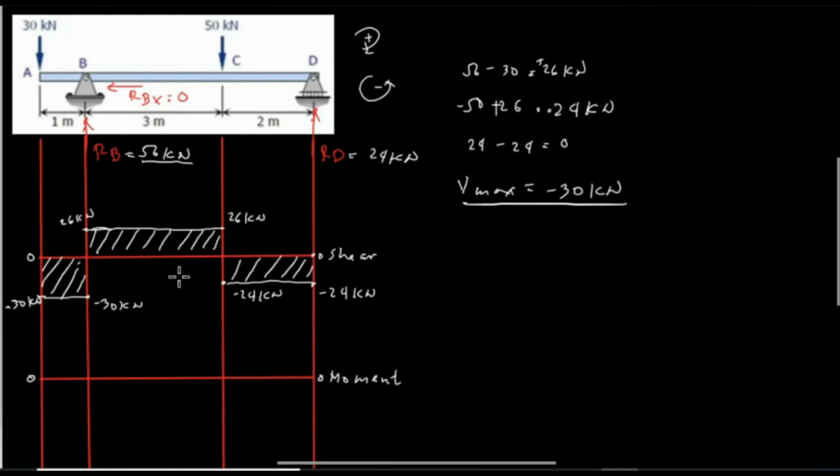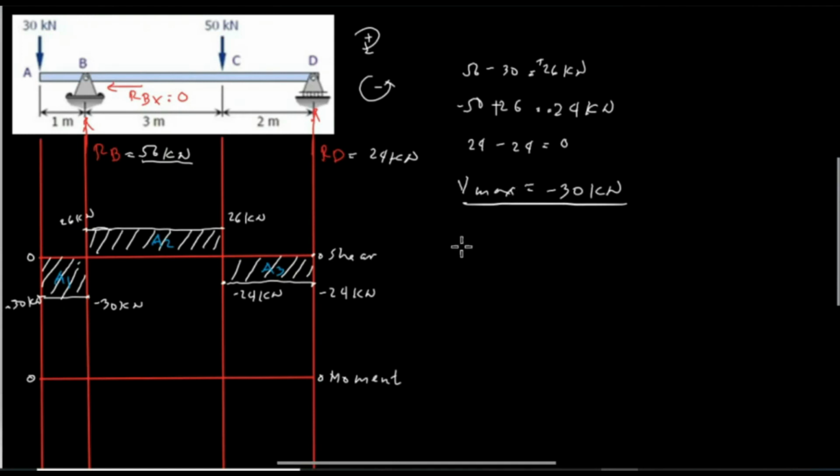We can use the shaded area to find the moment values at every point of the beam. So first, we will designate every shaded area: this one as area 1, this one as area 2, and this one as area 3. Then we solve per area using the formula.